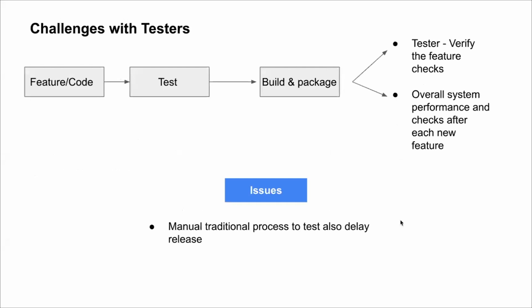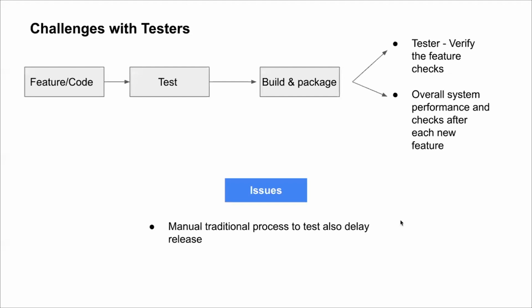Now, if we further look into the challenges with the tester team. Generally, what issues might a tester face with the continuous release process? Suppose you have written a feature, you have written the code, and the test team comes into the picture.